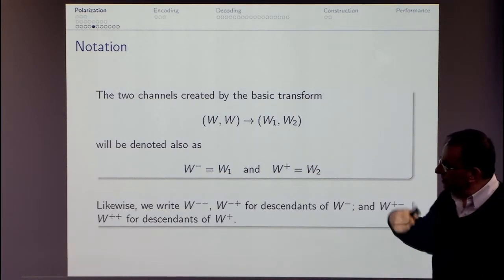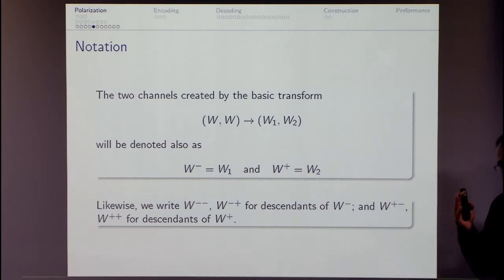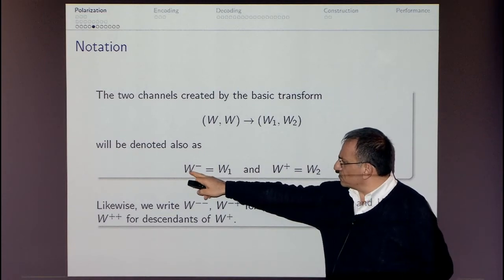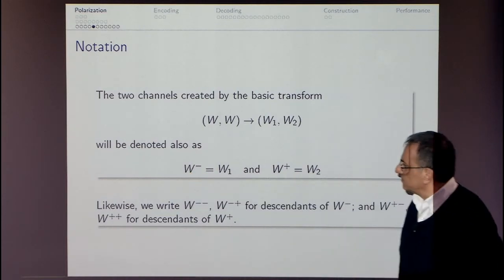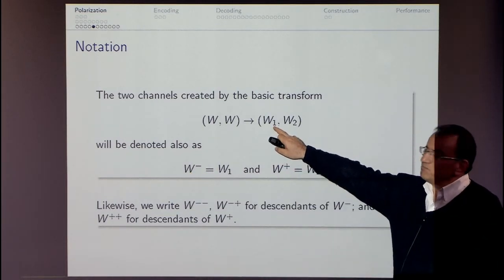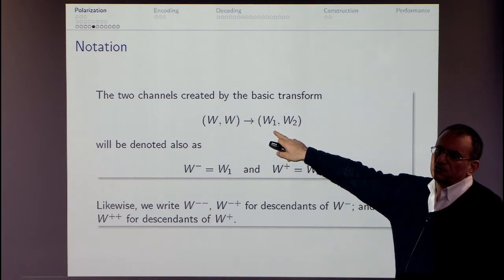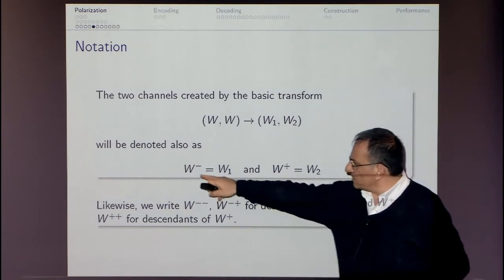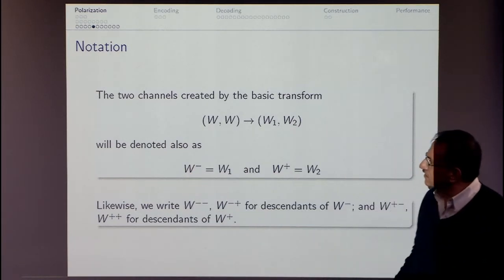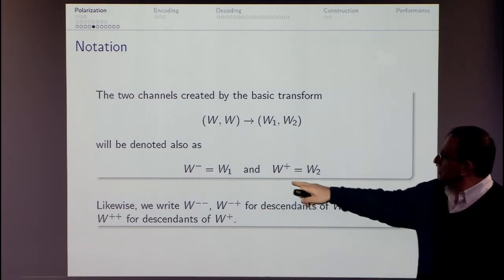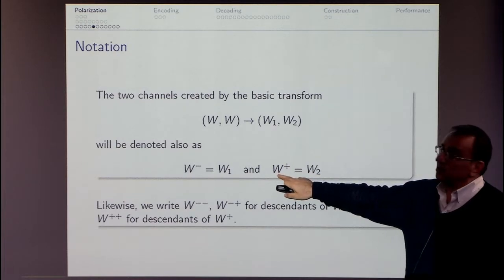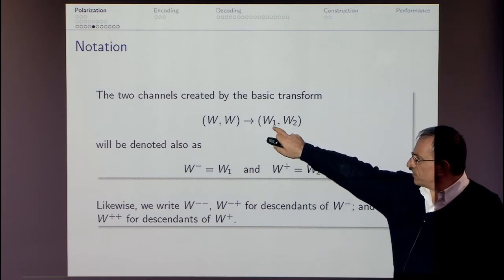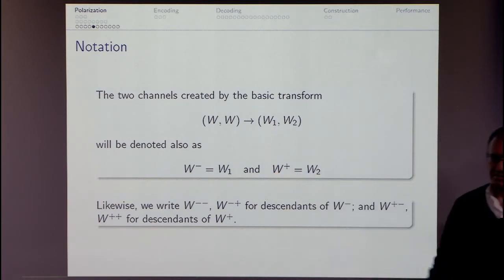Now, the next step is going to be the following. We will take two copies of W minus and then apply the same trick on W minuses. We will do the same thing as we generate two copies of W minus. We will also be generating two copies of W plus. So we will also do the same thing on W pluses.